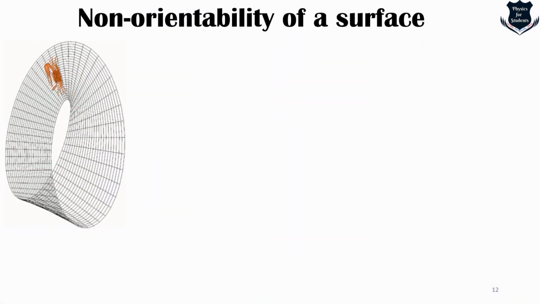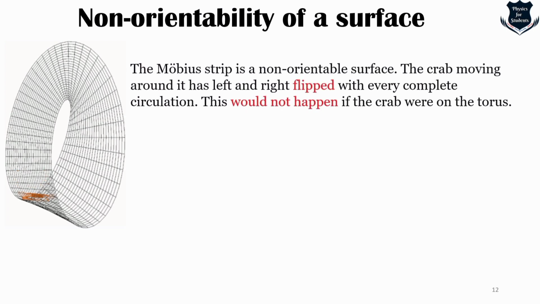Now here is an animation. This is a Mobius strip, right? And the crab which is moving around, see the crab moves here, and then when it comes out of that, it has flipped with every complete circulation. So the crab moving on a non-orientable surface has its left and right flipped with a complete circulation.